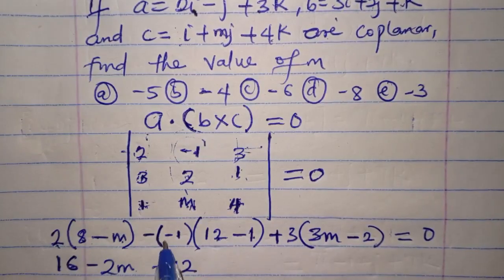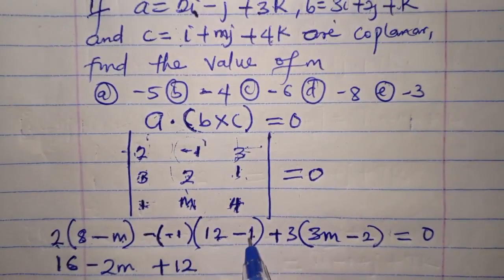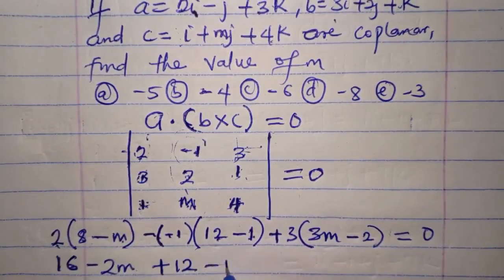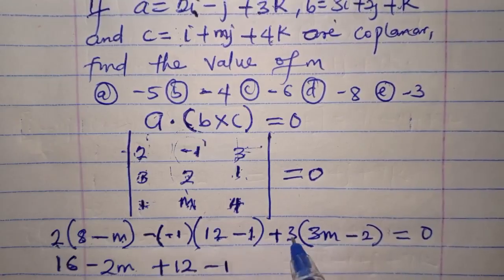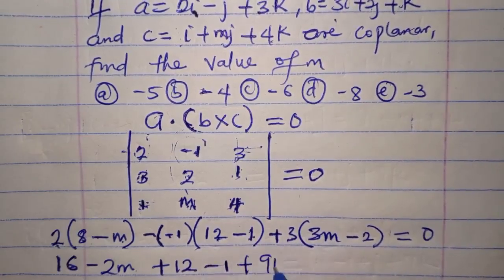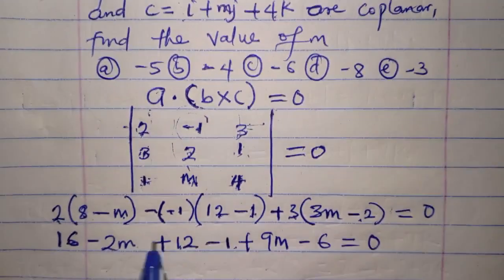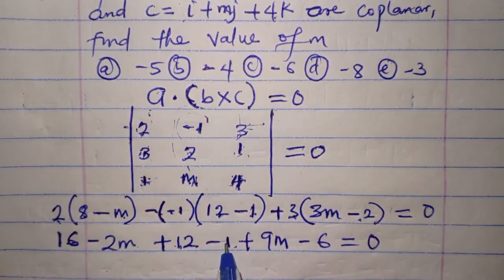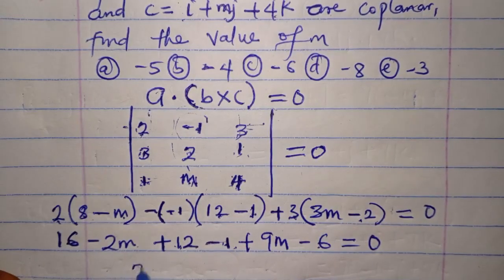Then 3 times 3m is 9m. 3 times minus 2 is minus 6, equal to 0. 12 minus 1 is 11. 16 minus 6 is 10. 10 plus 11 is 21.